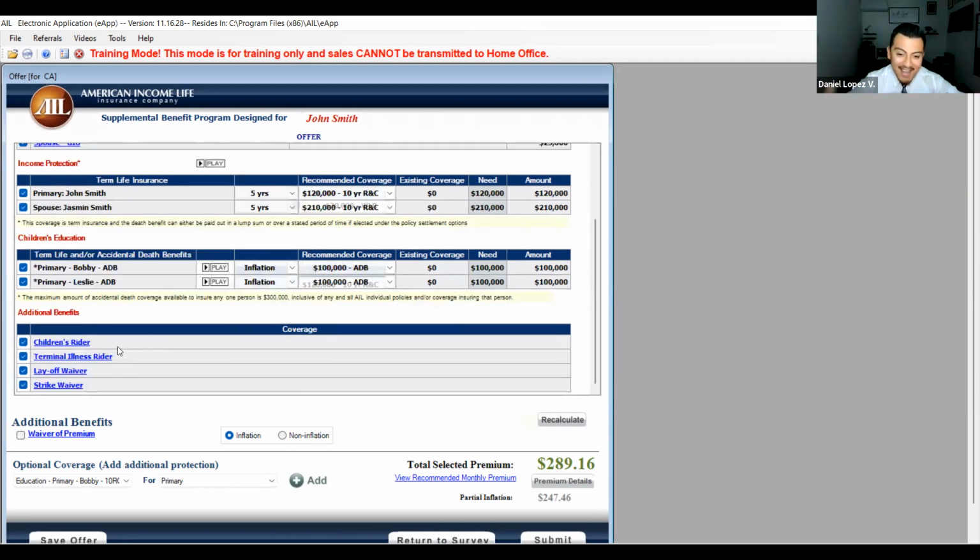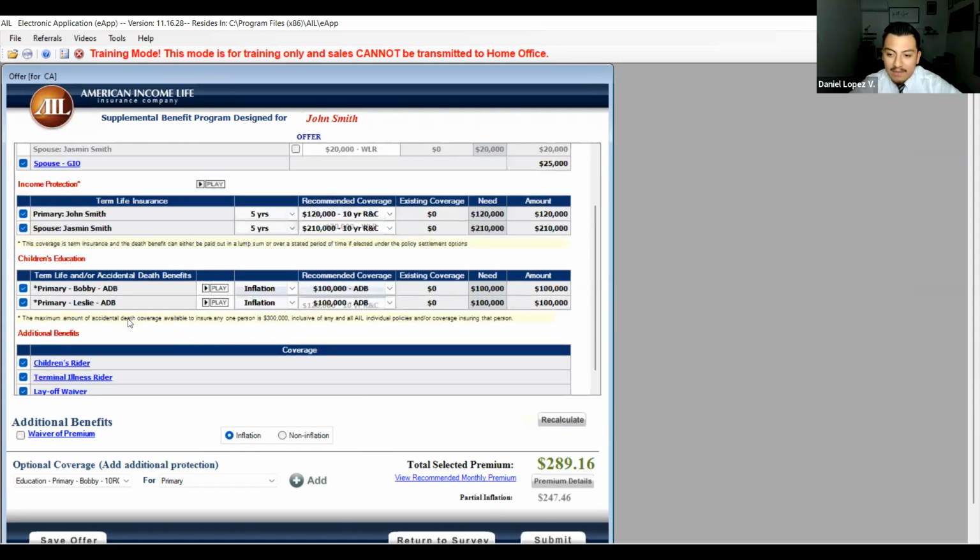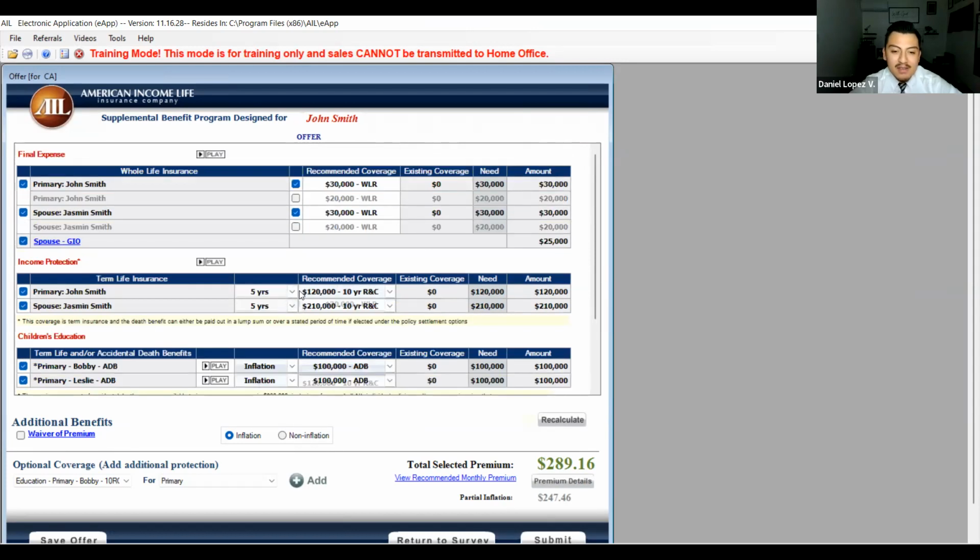Oh, and it's only $289. You tell me I can take care of my funeral, my income, and the education of my children for $289? Where do I sign? This is why the company labeled it this way, because it reaches them in an emotional way, and a logical way too when they see these numbers.